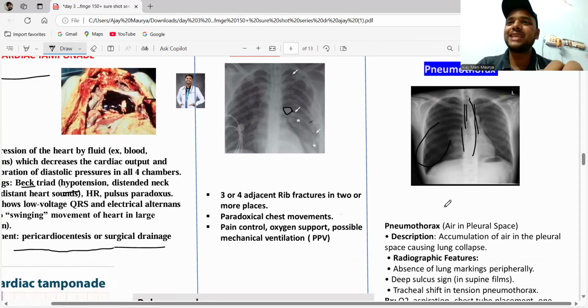There is a deep sulcus sign. In pneumothorax, but in tension pneumothorax, guys, the trachea will shift. See the deep sulcus here, the thickness here. We can clearly see the margins are like this. This is called the deep sulcus sign.